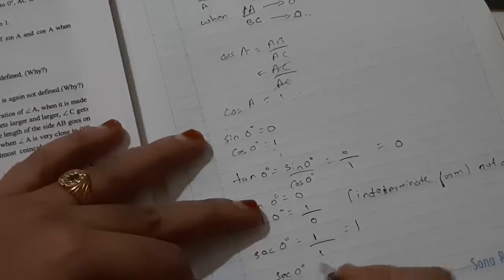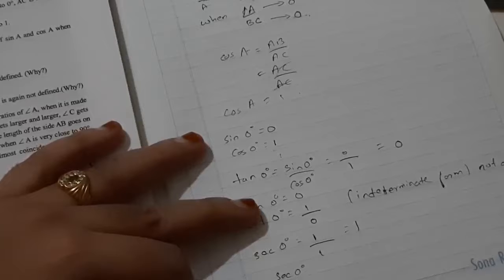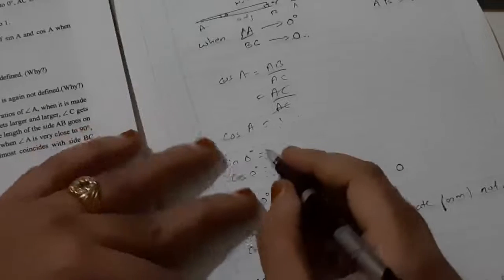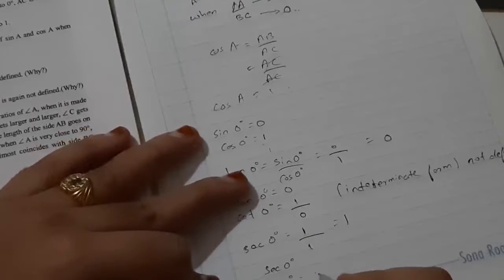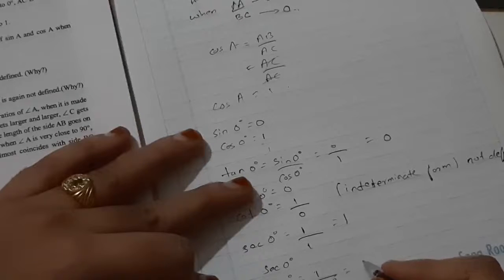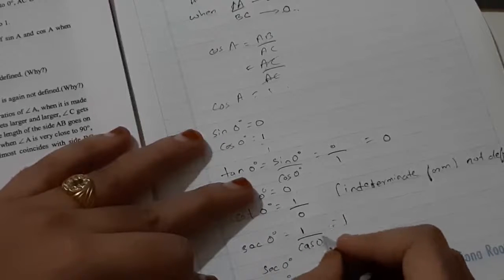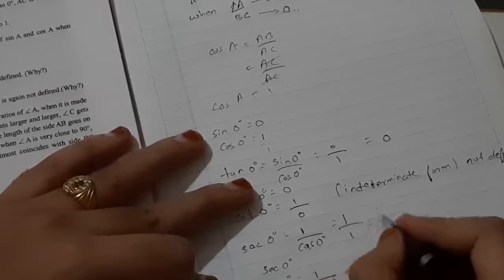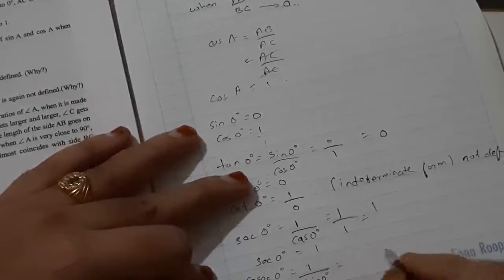So sec 0 degree is 1. Then cosec 0 degree is equal to the inverse of sine, so 1 divided by sine 0 degree.